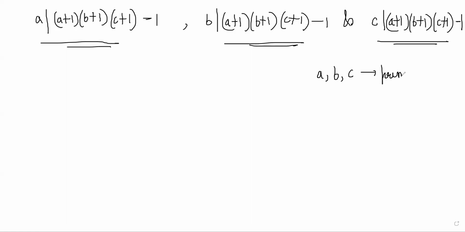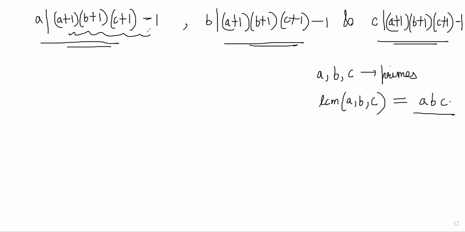A, B, C are primes. So LCM of A, B, C will be simply A times B times C. They have no common factors, so LCM is the product. And A and B and C, all of them divide this thing, right? So we can say, therefore, A times B times C will divide (A plus 1)(B plus 1)(C plus 1) minus 1, right?